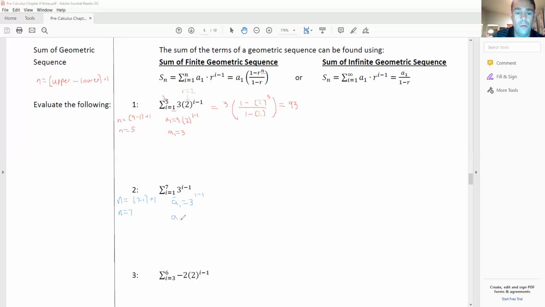So that means our first term is 1. And if you look at it, it might kind of make sense a little bit. That means that this 3 technically could have been in parentheses and the number 1 would have been out front. So 1 is our a sub 1 value. So I have 1 times 1 minus, I've got to figure out that parenthesis here in a second. And I had 7 terms.